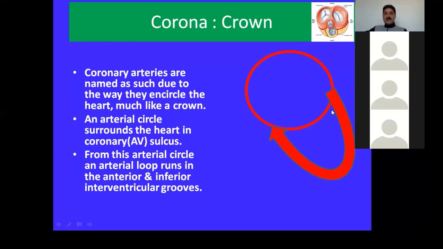So the first one is the left anterior descending artery, which is a branch of the left coronary artery. It is present in the anterior interventricular sulcus or groove, and it moves towards the apex of the heart. Then it enters the posterior part of the interventricular sulcus, which is also called the inferior interventricular groove.